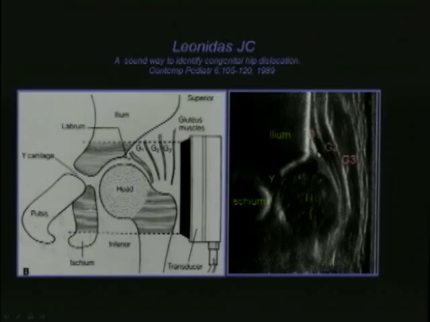Here's the cartilaginous labrum. The hyaline portion is quite echolucent, or it's somewhat hypoechoic, and then the tip is more dense because of the fibrous deposition, and then we have the joint capsule coming around, and we have the three gluteal muscles, the gluteus minimus, medius, and maximus.